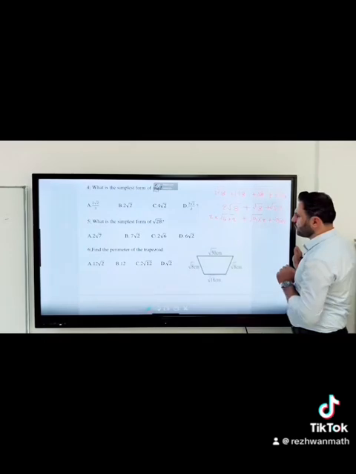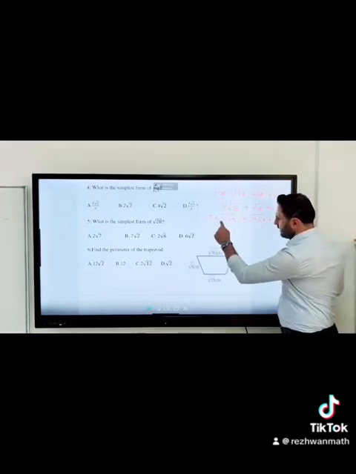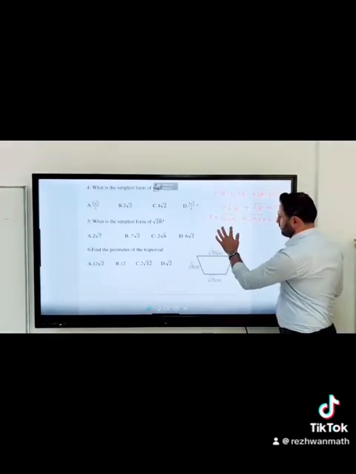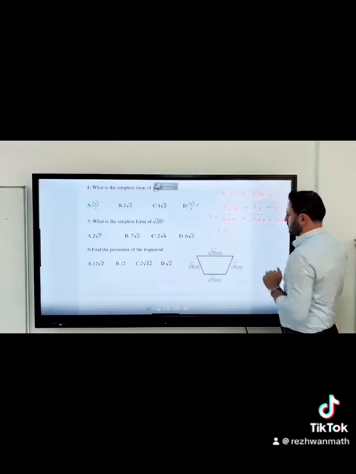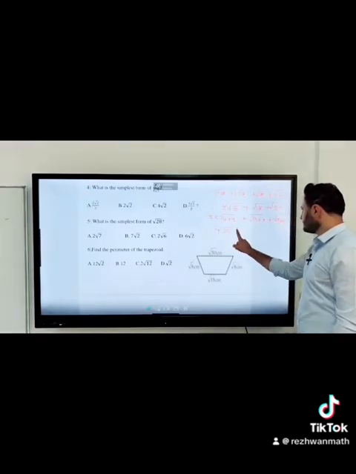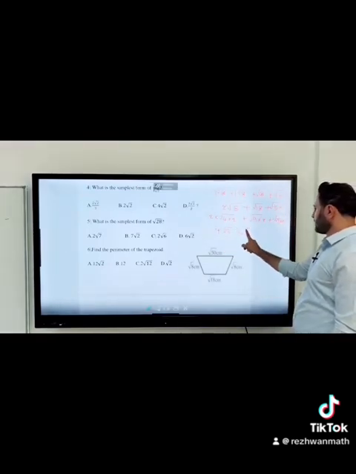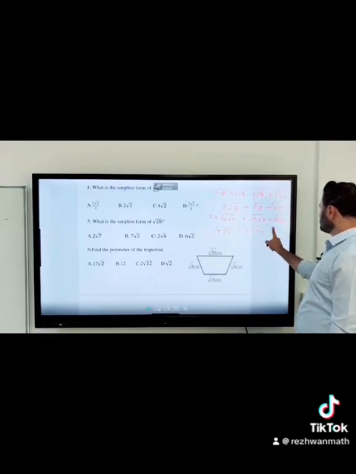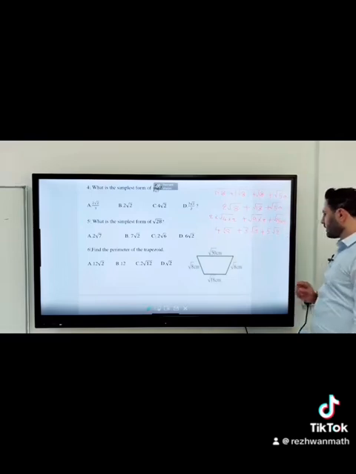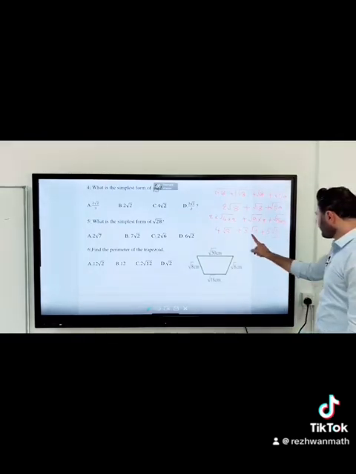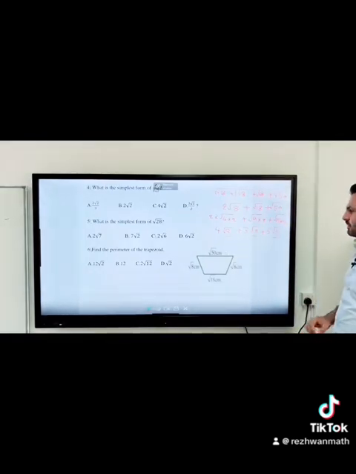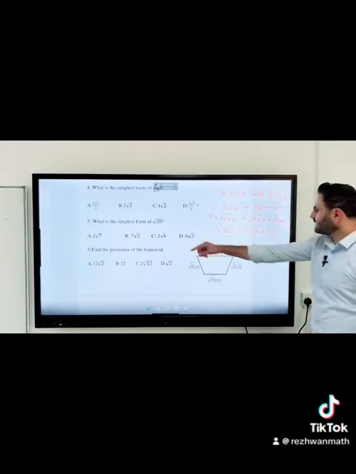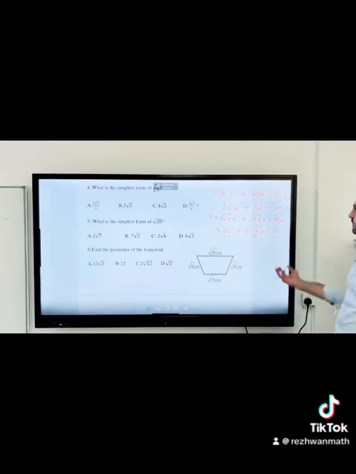Now, the square root of 4 is 2. 2 times 2 we get 4 square root 2. And square root 9 is 3, so 3 square root 2 plus. Square root of 25 is 5 square root 2. Look, because we have the same radical in each term, now you have to add the numbers in front of the square root.